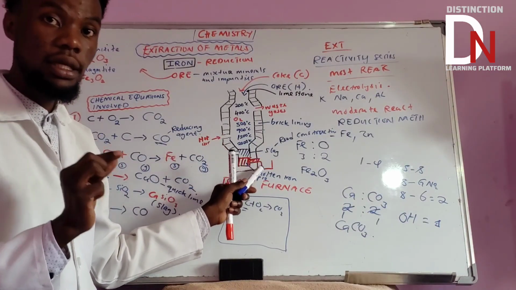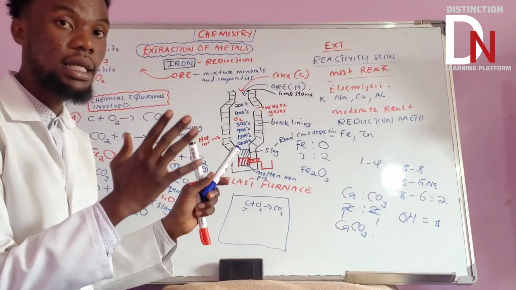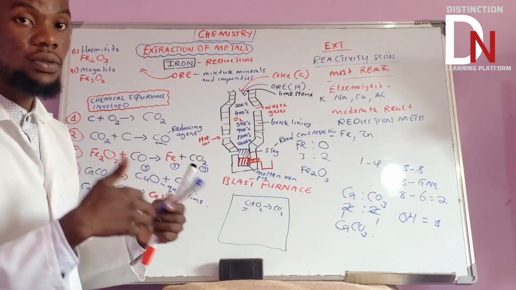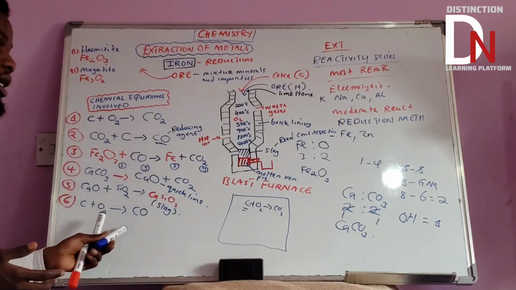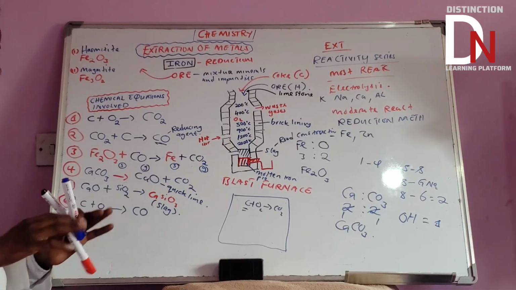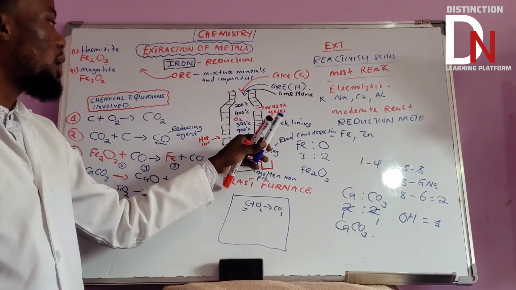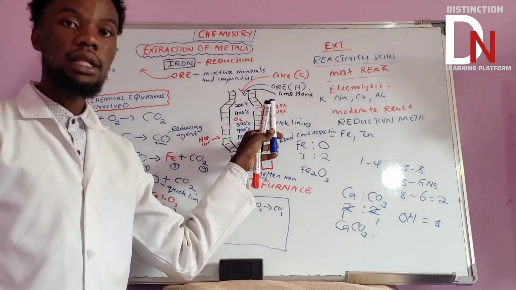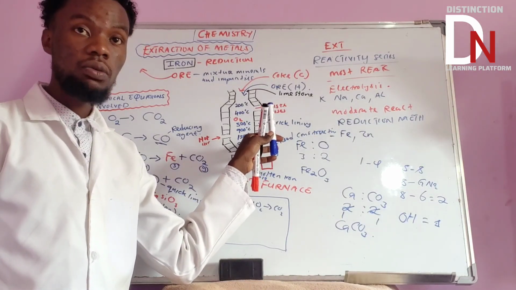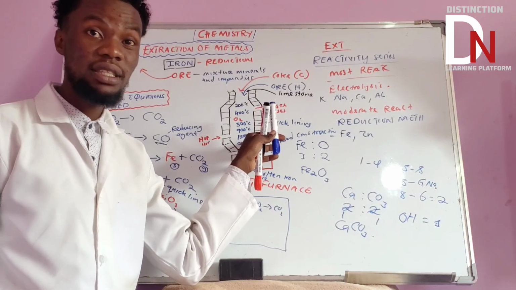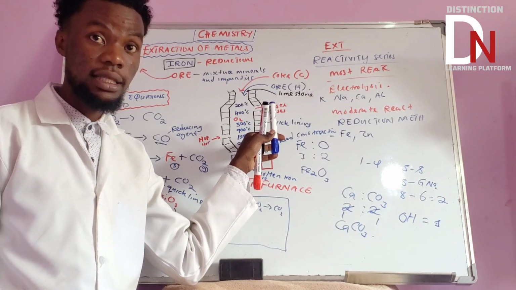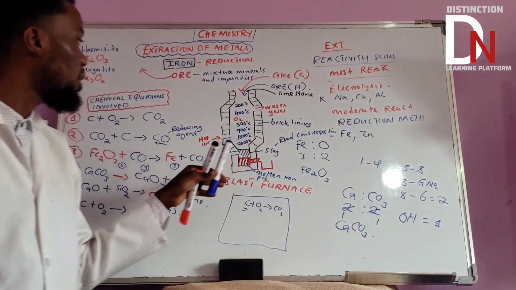If the brick lining is thick, it is going to insulate what is inside the blast furnace, so that the chemical reactions we are talking about here can happen well. Generally, the reason there is thick brick lining is to insulate the blast furnace, so that it prevents the escape of hot air gases. Make sure that you understand that.